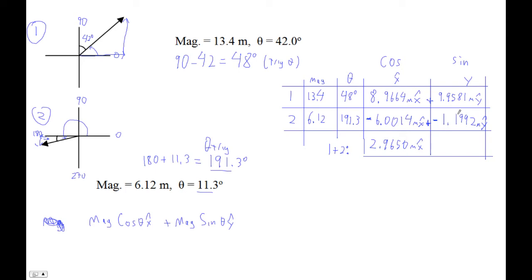Is that what it is? 9.9581, 1.1992. I just know I'm going to mess something up here. Okay, and I'm getting 8.7589, and that's meters in the y direction.